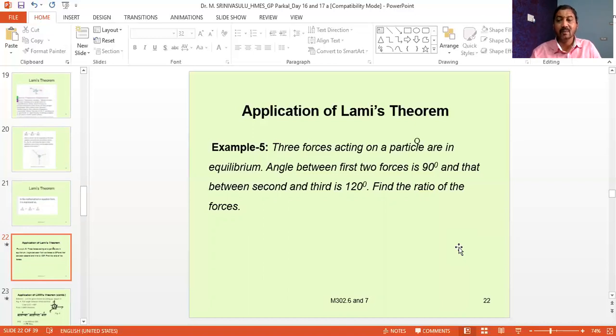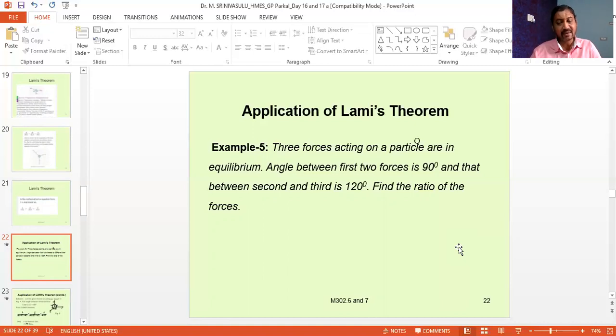Here, this is the problem given, and not even the value of one of the forces acting is given, but only the angles are given. So with this, we are asked to find the ratio of forces.